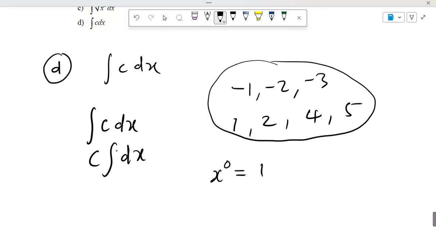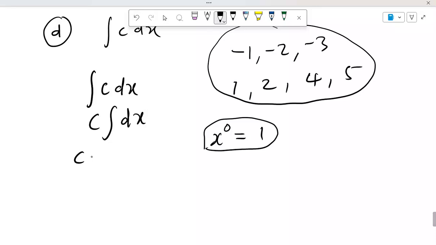So we know there is 1 here in front, 1 multiplied by dx. So we'll use this relation: x to the power 0 is what? 1. So meaning there is x to the power 0 here. So you have c x to the power 0 dx. It's the same because x to the power 0 is 1.